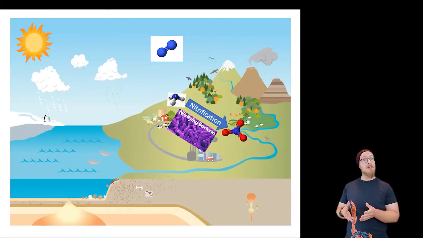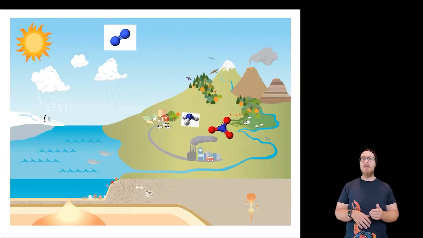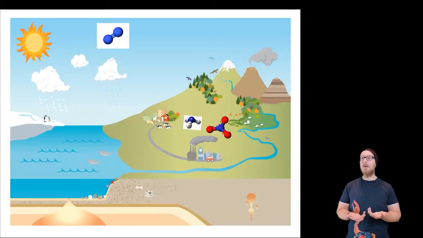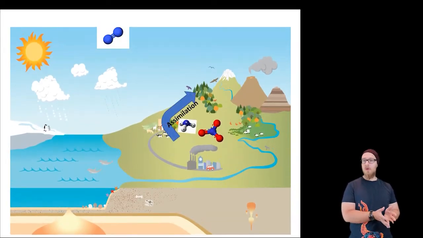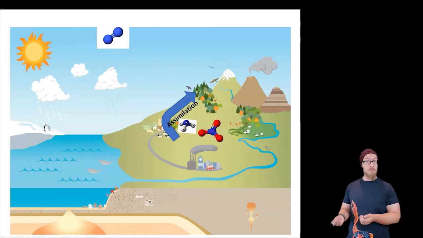Both ammonia and nitrates can be assimilated by plants. Now again, nitrates are the preferred form of nitrogen that plants like to take in, but they can also absorb ammonia, and ammonia is the most common form of nitrogen that you will end up finding in aquatic ecosystems.